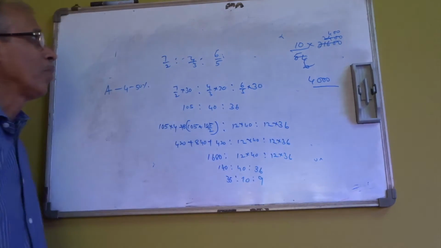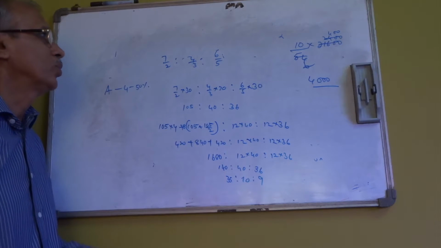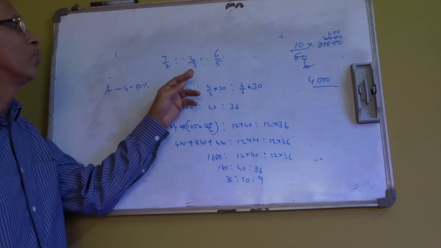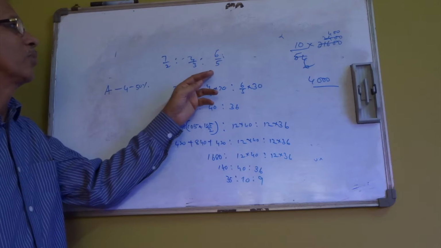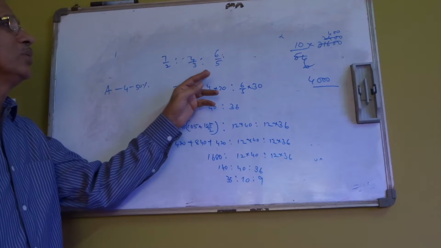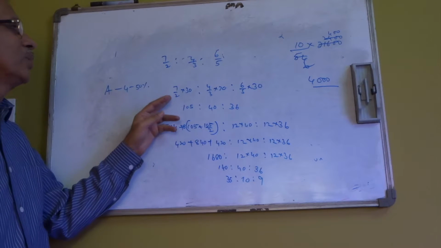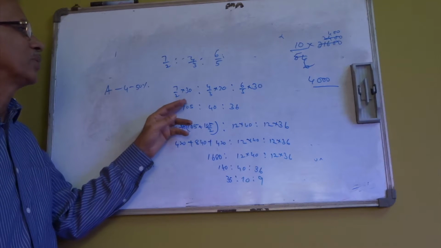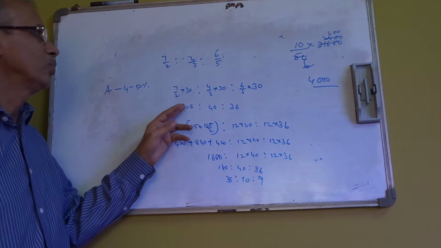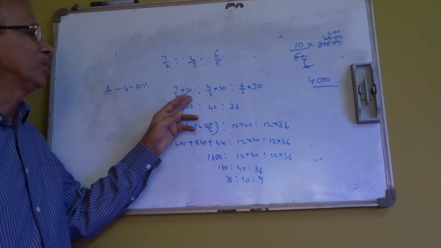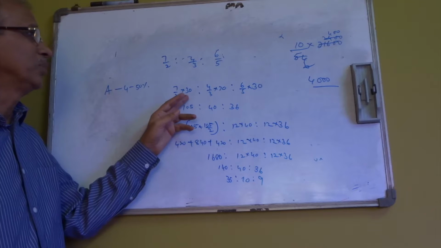Once again, their ratio is 7 by 2 is to 4 by 3 is to 6 by 5. B and C have no change for the entire 12 months, the same investment, whereas A increases after 4 months by 50%. So first you simplify it using LCM. LCM is 30.